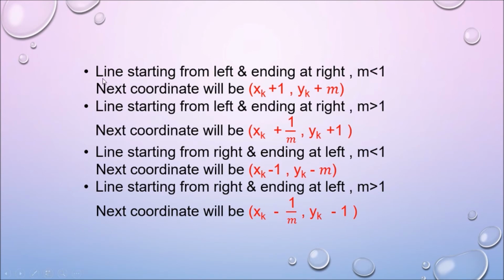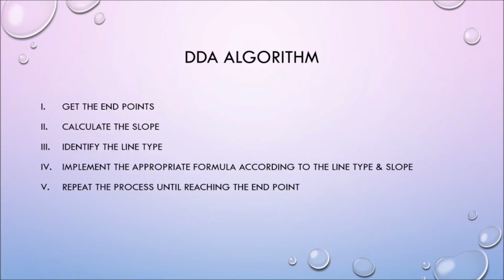So we will identify the line type and the value of slope, so we will choose one of these four formulas. After identifying the line type, we will implement the appropriate formula according to the line type and the value of slope. And we will repeat the process until reaching the endpoint.